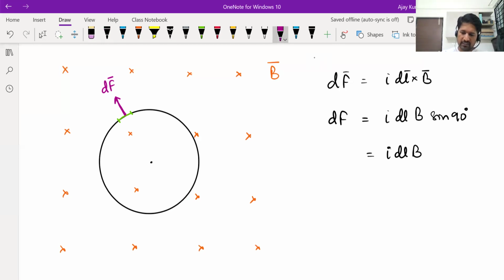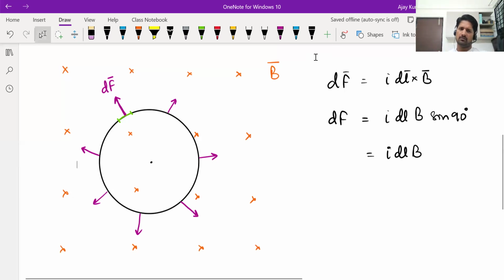Now, if the forces acting on the wire are same everywhere, do you all think tension will be uniform over the entire wire, or do you think tension will vary from point to point? If it is being pulled in the same manner in all directions, will the same tension be generated everywhere, or will some points experience greater tension than others?